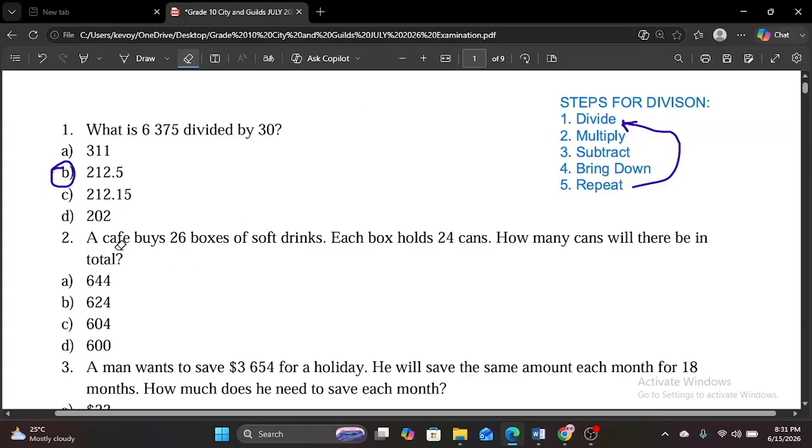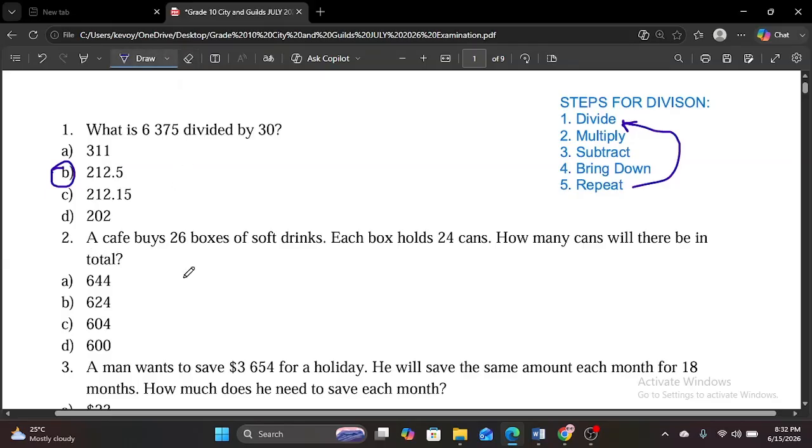All right, so we're going to question 2. Question 2 says, a cafe buys 26 boxes of soft drinks. Each box holds 24 cans. How many cans will there be in total?